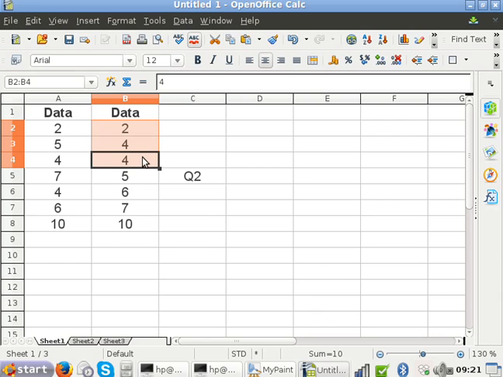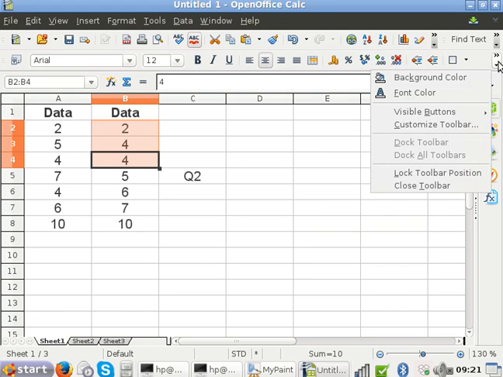So if we look here, this is like the first half. Let me put that in a different colour maybe if I can. Where the heck are colours? Font colour.